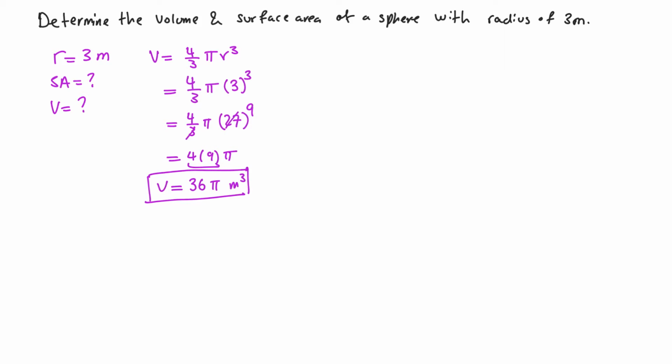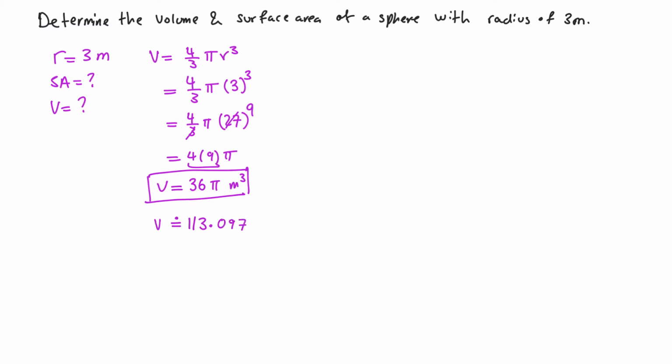And I can also plug this value into my calculator. On my calculator, I can simply go 36 times pi and get an approximate value. So when I plug it in, I get volume is approximately equal to 113.097.